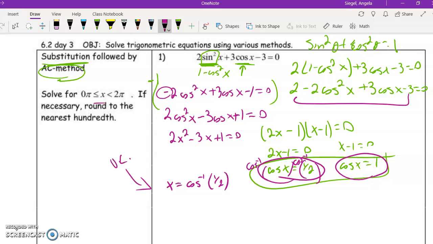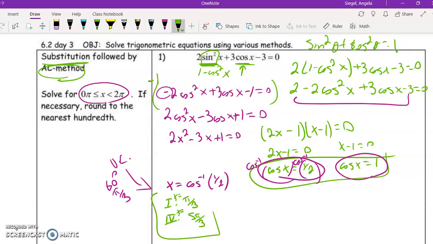So we're talking about, let's see, we're still in radians, a 60-degree angle, which is pi over 3. Okay, and so it's positive. So I'm talking about quadrants 1 and 4. So in quadrant 1, it's pi over 3, and in quadrant 4, 5 pi over 3. So x equals pi over 3, x equals 5 pi over 3.